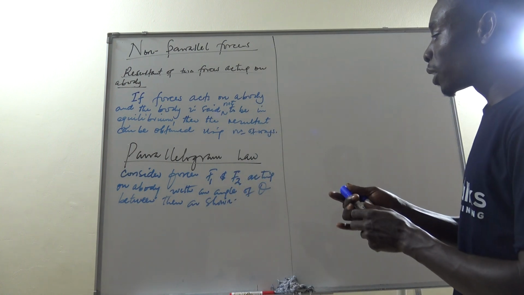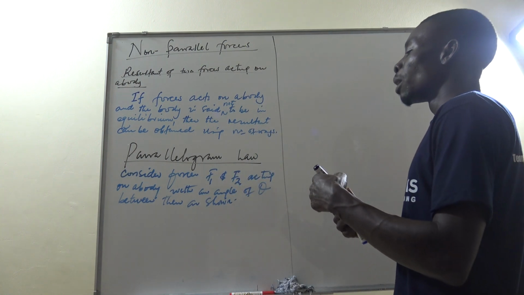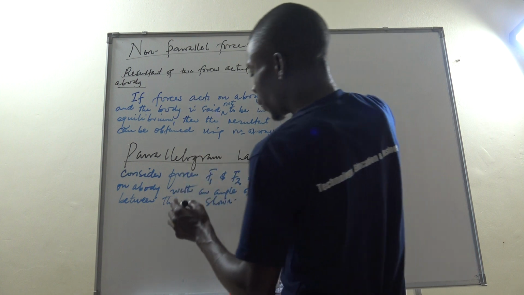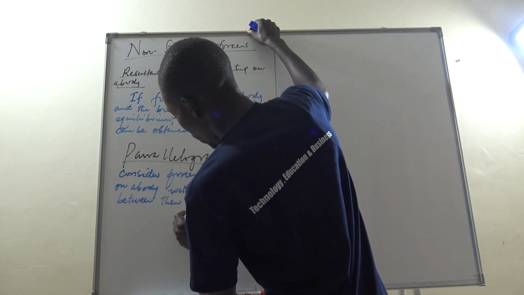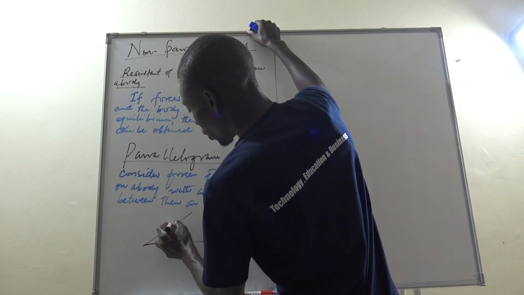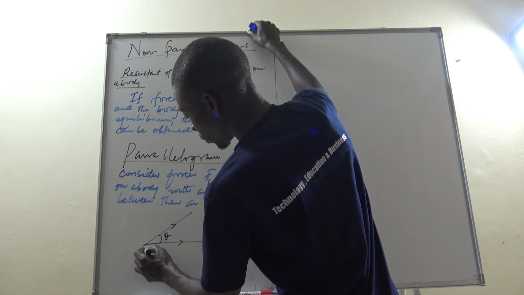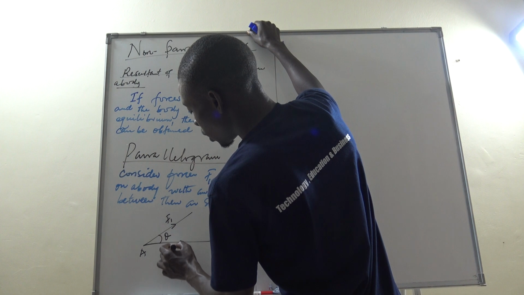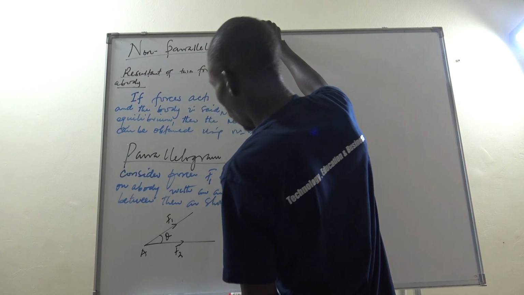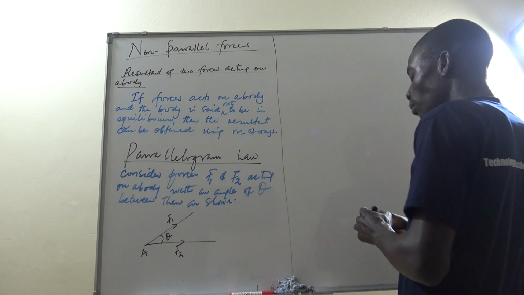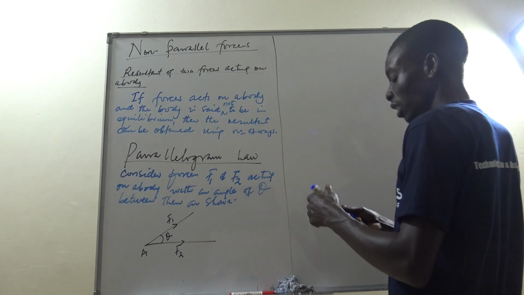That if we consider forces F1 and F2 acting on a body with an angle of theta between them as shown below, this is F1, this is F2, okay, as shown below.